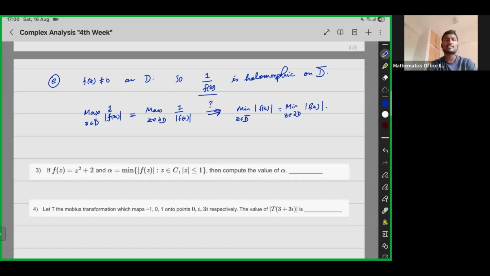But 2 is the minimum. If we take the inverse of all of the positive numbers, the minimum becomes maximum and the maximum becomes minimum. Understand it by example. Take 2 points, let's say 5 and 7. 7 is bigger, but when you take 1 by 7, it becomes smaller. I'm using that argument.